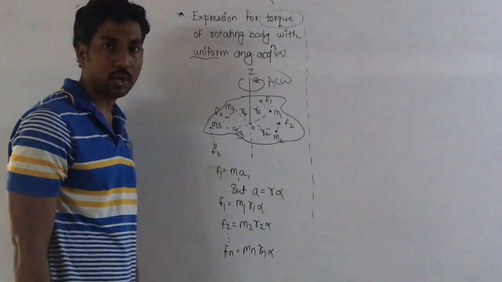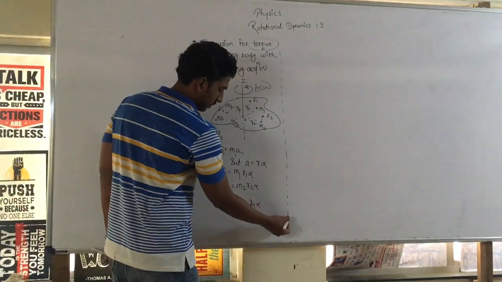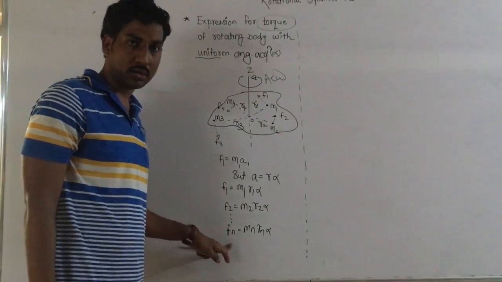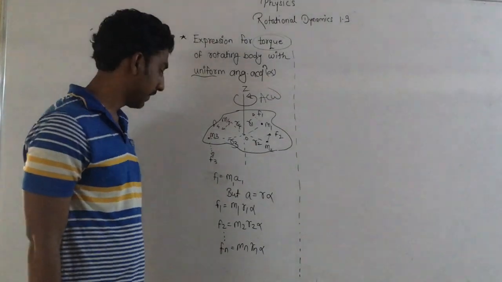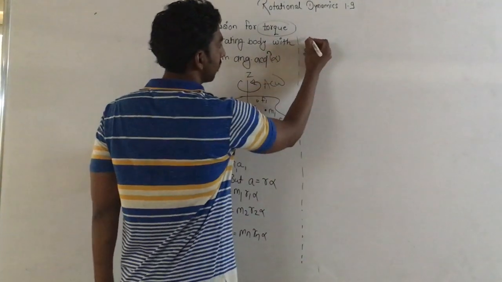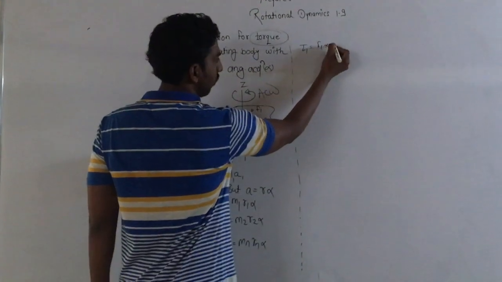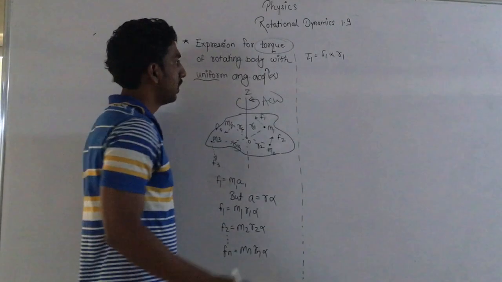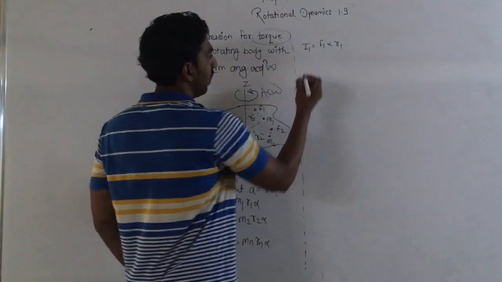So what will be the total force, or rather the total torque? We already know the forces. Torque 1 will be force into displacement, F1 R1. The F1 value is already given, M1 R1 alpha.